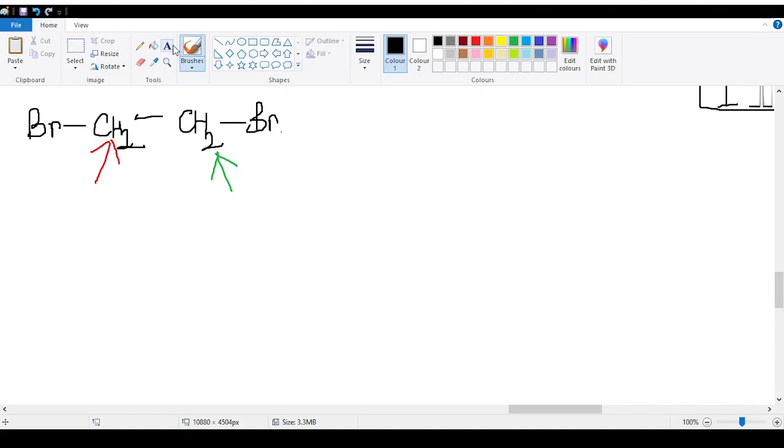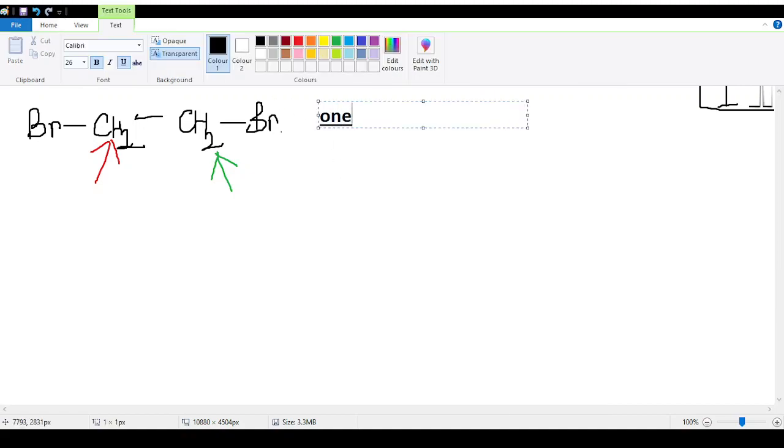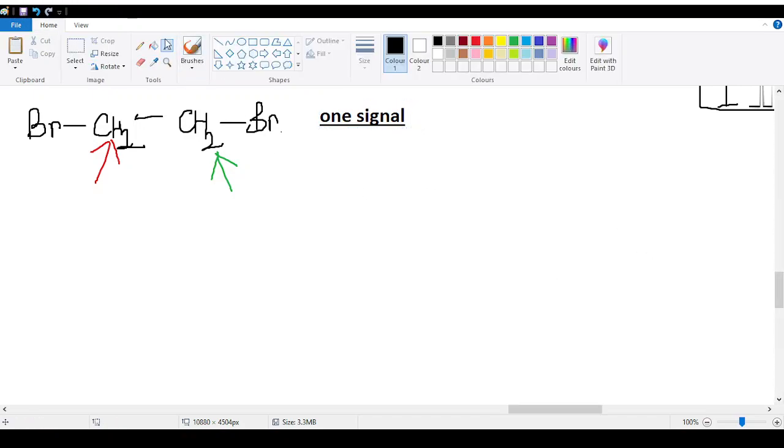So how many signals will we get in our NMR spectroscopy? We will get only one signal, right? Yeah. Only one signal. And let's try to consider the type of signal. So let's say you consider one of the hydrogen atoms here. Just consider one of them. If you try to do n plus one, these hydrogen atoms are joined to this carbon, right?